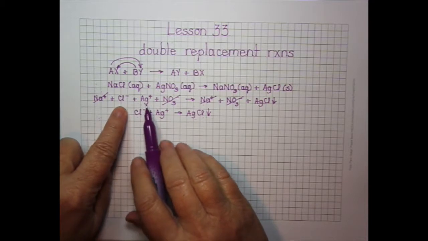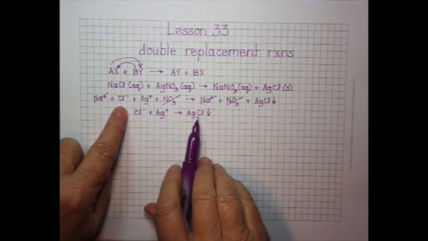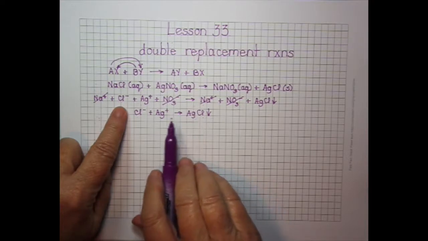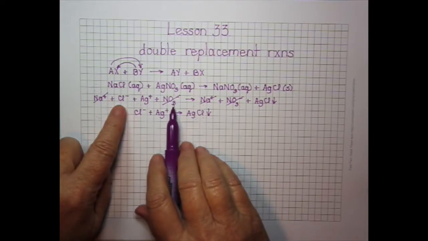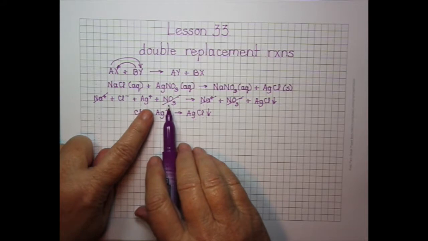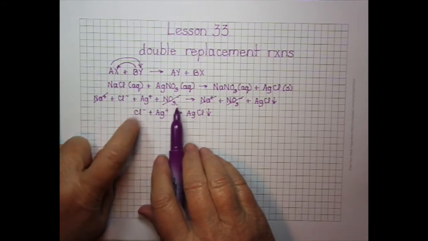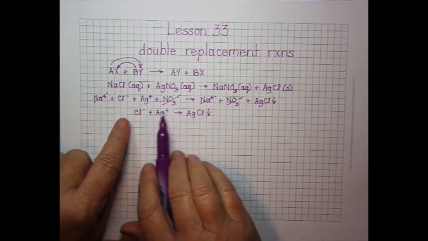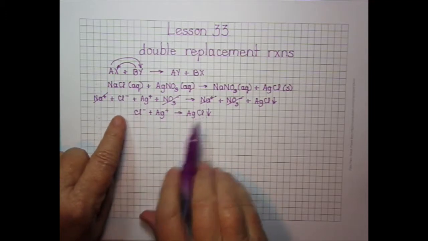If the chloride bumps into the silver, it forms the silver chloride, which does not dissolve. It's a precipitate. It falls out of the solution. The chloride and the nitrate would repel because they're both anions. The silver and the nitrate would bond, but then the water would pull them apart again. Nothing happened.